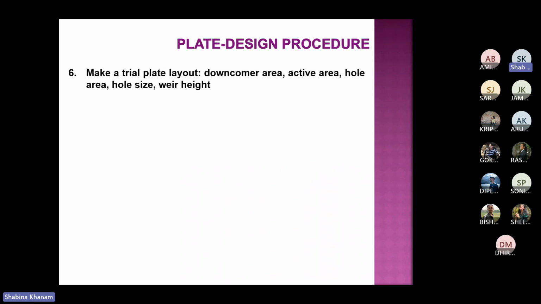Hole area is the area of a single hole, considering how much opening over the metal plate will be done, that we can see, and weir height. All these parameters we will decide. How these will be decided, that we will see.